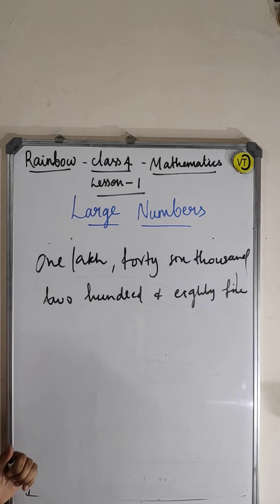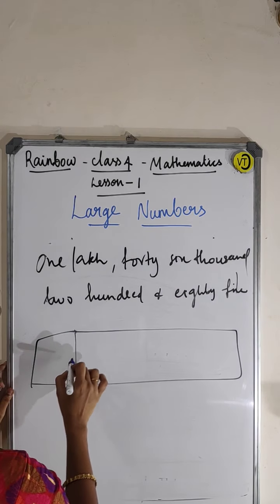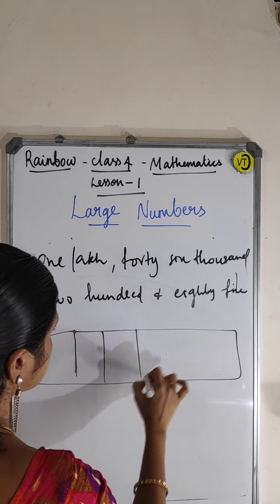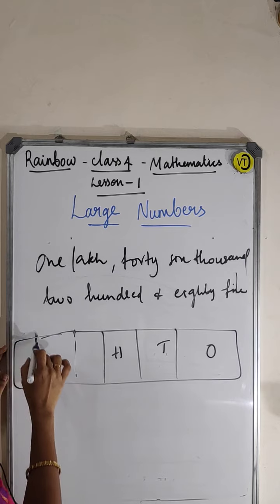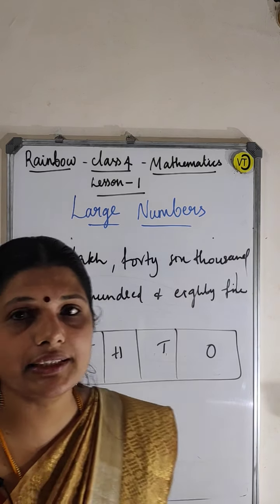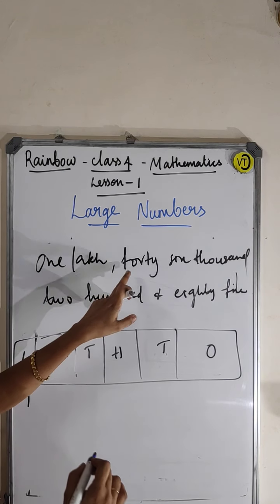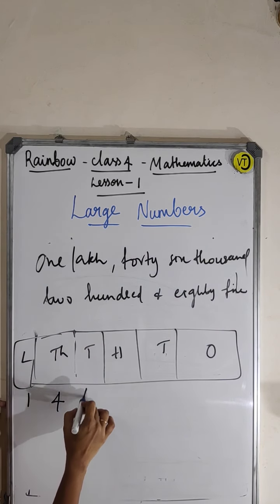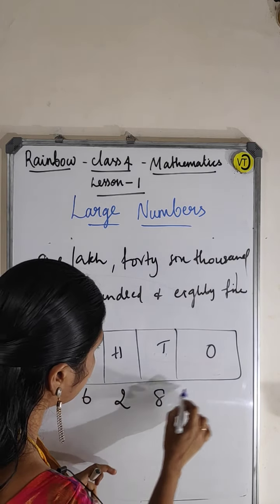Okay guys, now listen. Here, ones, tens, hundreds, thousands, 10,000, lakhs. Up to 6 digits we have learnt already. Here, 1 lakh, 46,000, 285.